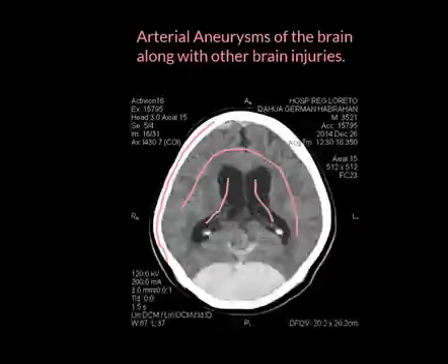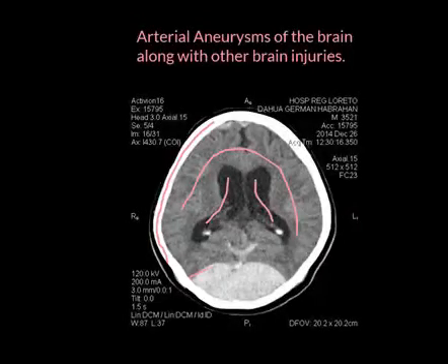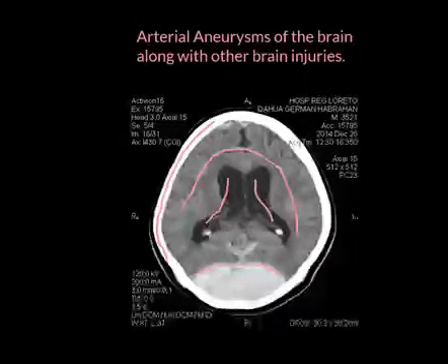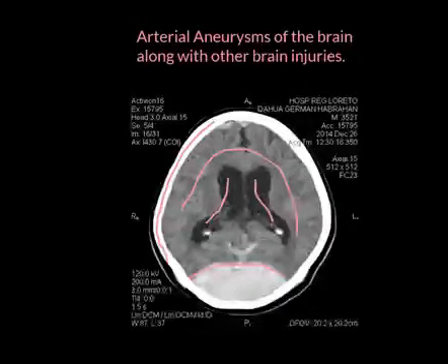It goes in and comes out, and it's kind of a reservoir. This down here is a bleed, a subdural hematoma, and this is a sizable one. This would be crushing the brain pretty significantly, and this one would probably require surgery.